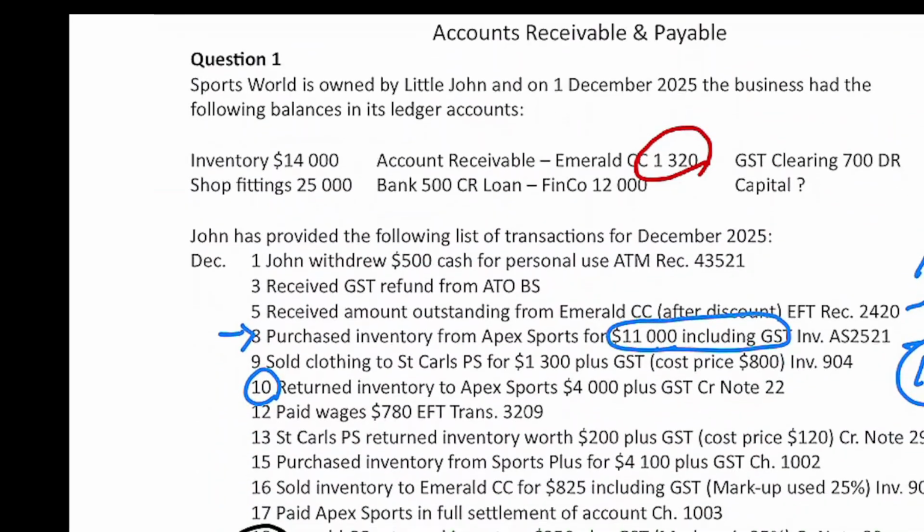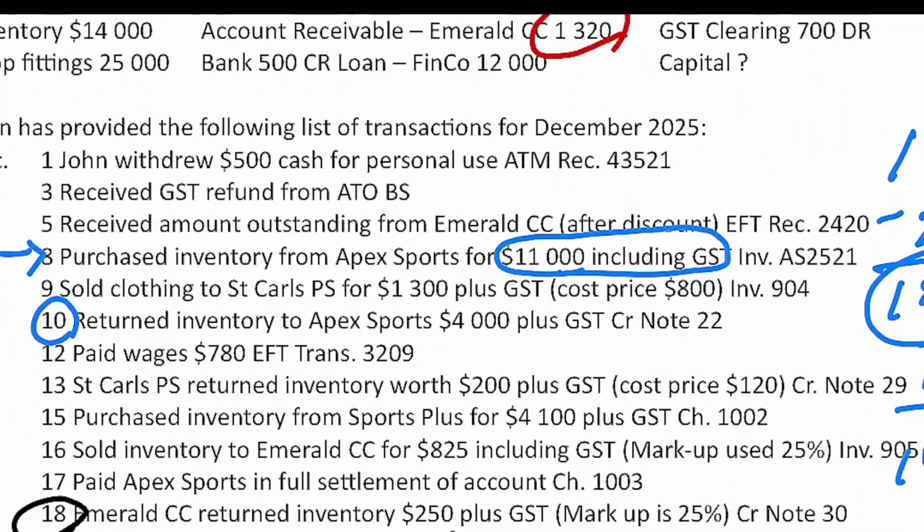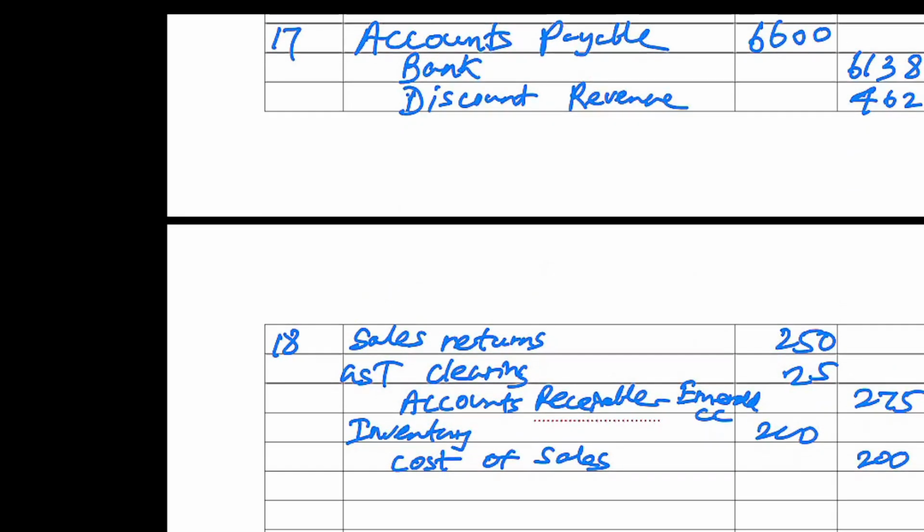So 10% off from 1210 is 121. Okay, so then it gives me 1,089.